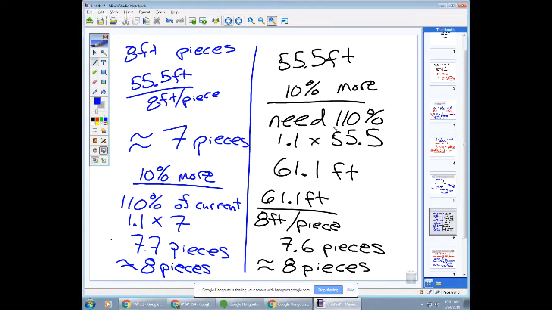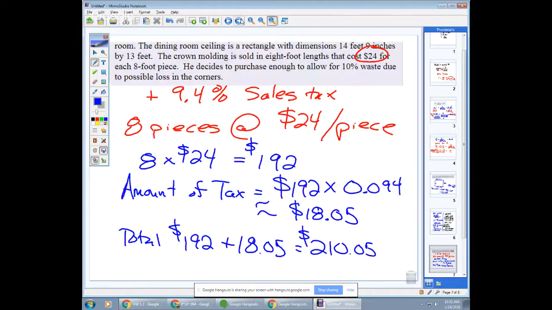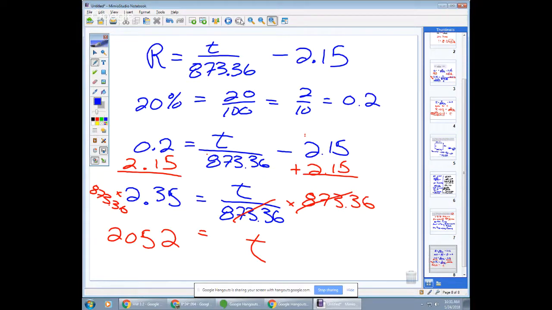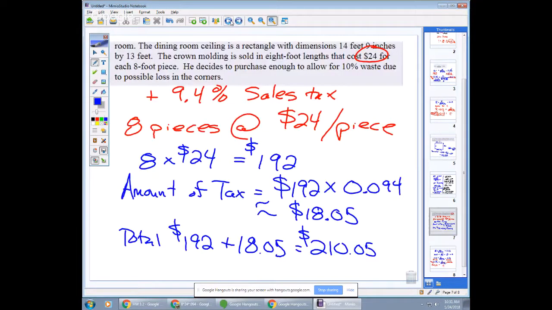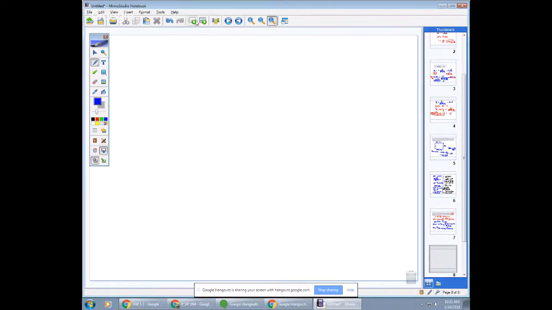Yeah, so if we're paying 9% more, what's the total percent that we're paying? 109%. Yeah, so another way to do this would be to take our 192, that's without tax, and multiply that by 109%, which would be 1.09.